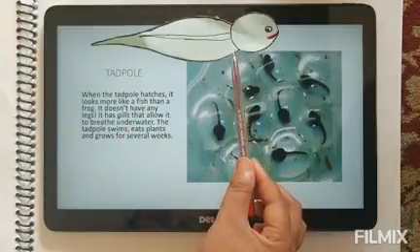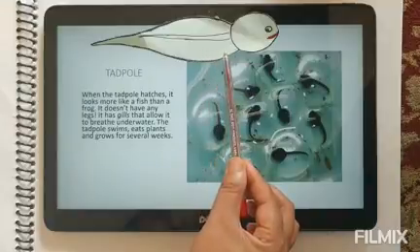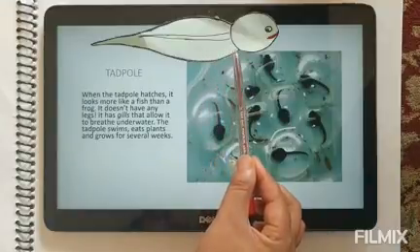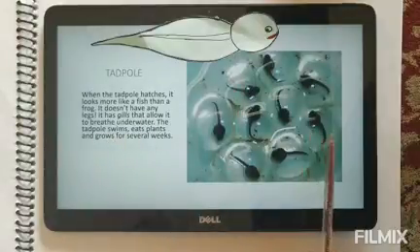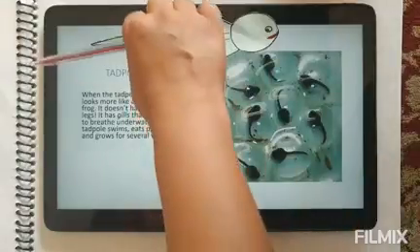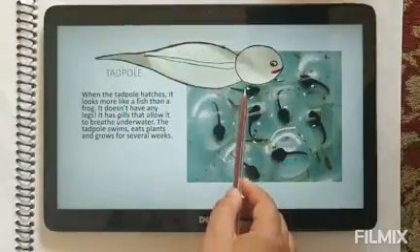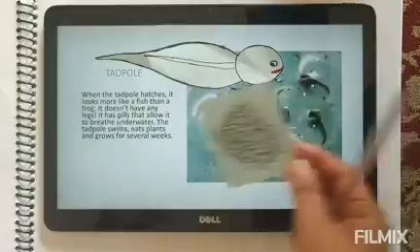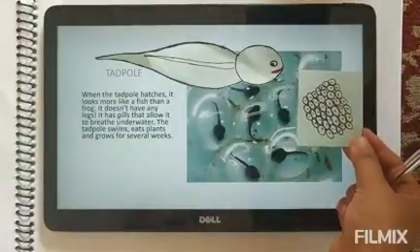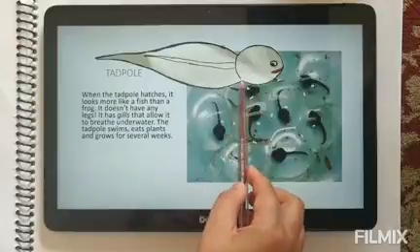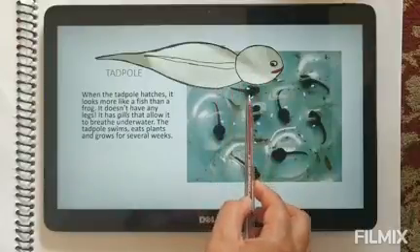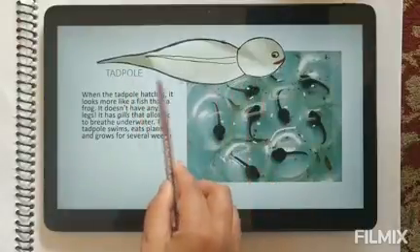And what do you think they eat? They eat plants. They eat plants and then they grow. Yes. So these are tadpoles. Tadpoles hatch from the eggs. Yes, they eat plants and they have gills and they look like fish.